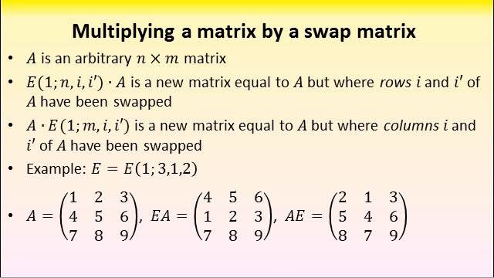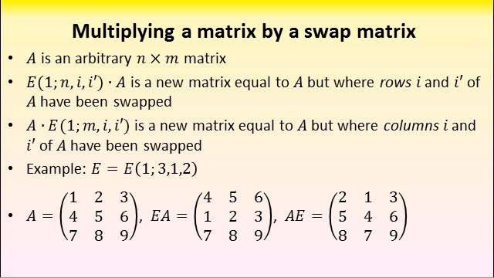Then pre-multiplying by E will swap rows 1 and 2 of A, while post-multiplying by E will swap columns 1 and 2 of A. It's not hard to prove, but just a little bit messy. You should convince yourself that this actually works by computing these products E times A and A times E by hand, and by doing this you'll realize exactly why multiplication will swap rows or columns.